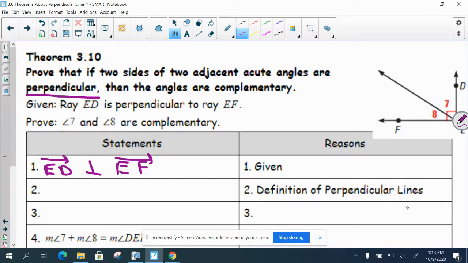Definition of perpendicular lines also falls with angles. So if that's true, then we can say angle FED is a right angle.